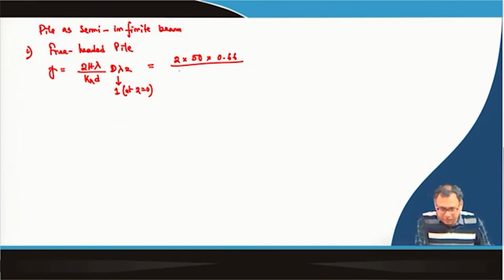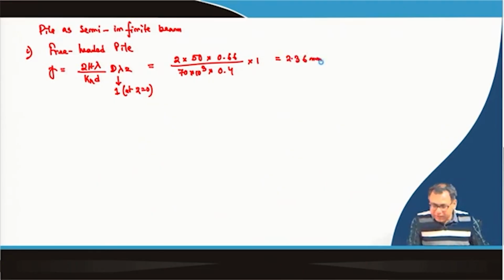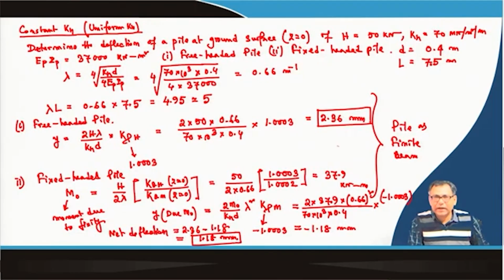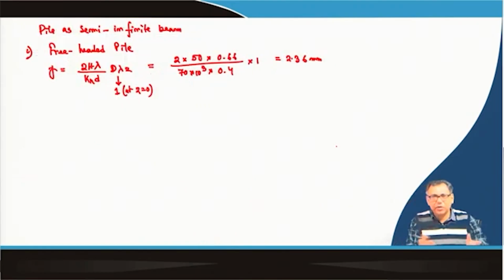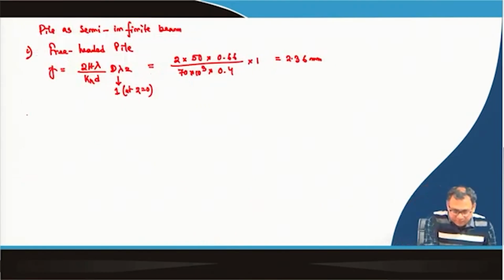So, lambda value is 0.66, k h is 70 into 10 to the power 3, and d is equal to 0.4 and it is equal to 1. So, this will be 2.36 millimeter, which is the same value that we obtained when we considered pile as a finite beam. Because as I mentioned, if it is more than 2.5, then you will get more or less similar value.